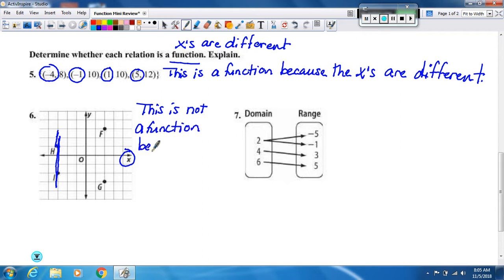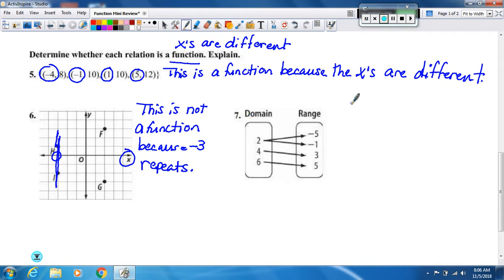One reason is because if you go down to the x-axis, that is at the point -3. -3 repeats. You could have also said +2 repeats.